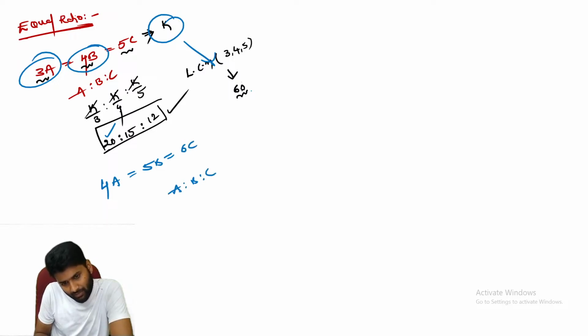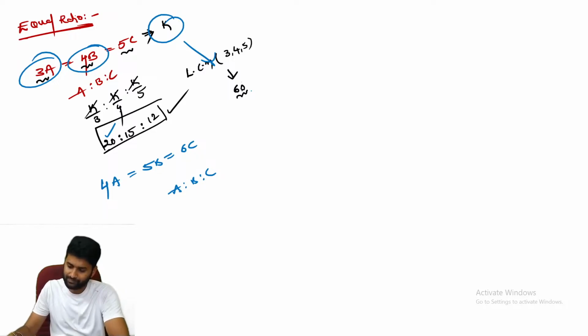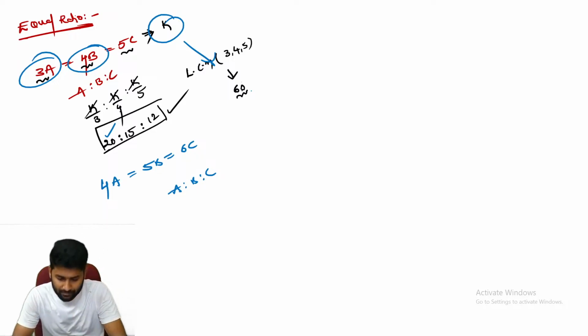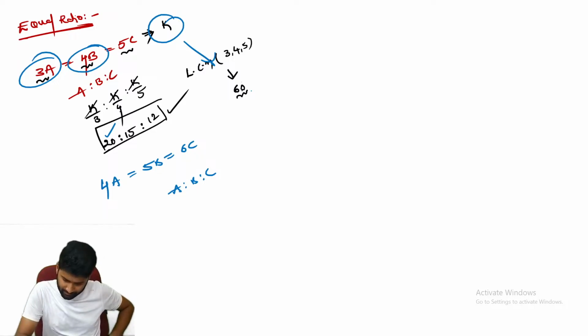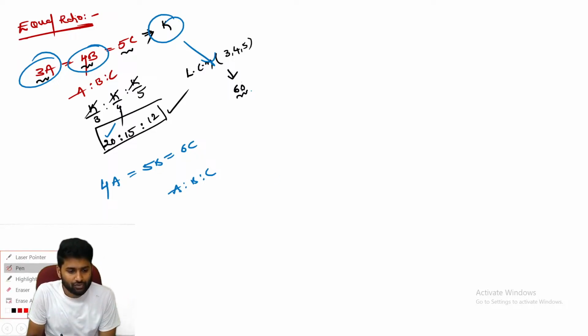Now, you guys tell me what can be the ratio of ABC. Now, we have to take one of the common multiples.